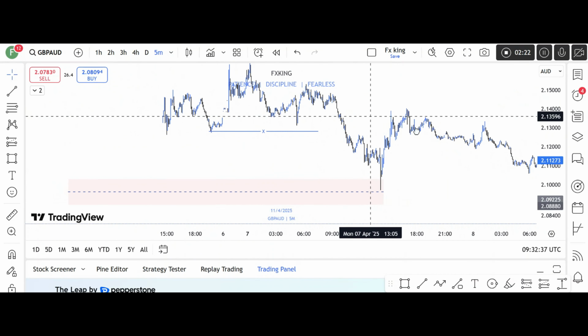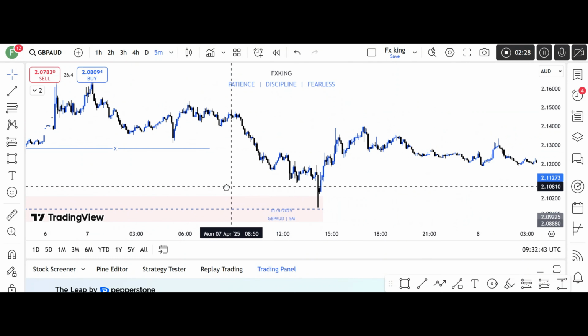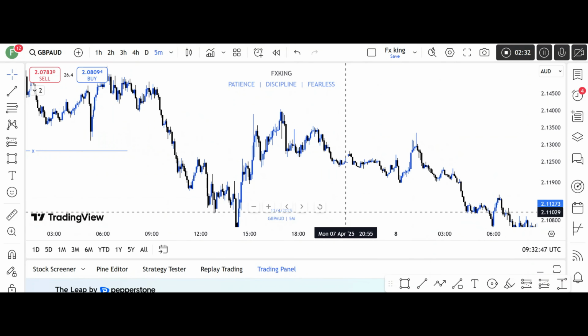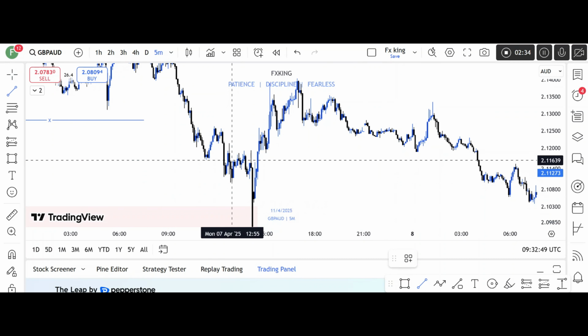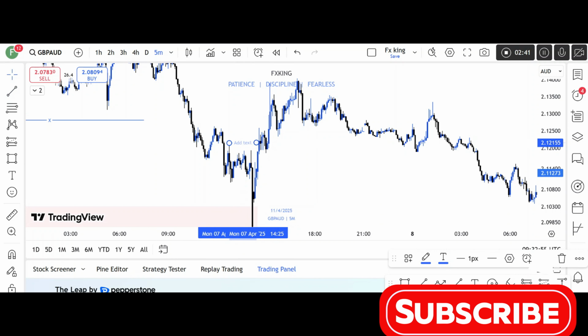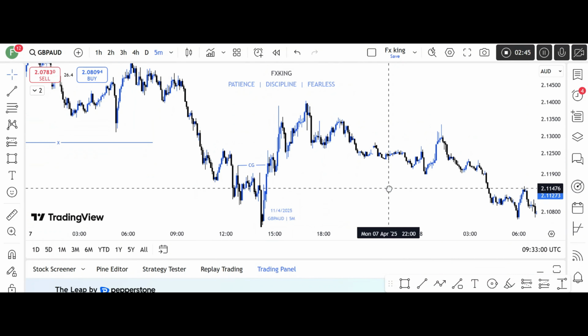So let's look at where that happened. Okay, so this is where that scenario happened, and you can see immediately after that we have a change of character. This is where our change of character occurred here, and our inducement.